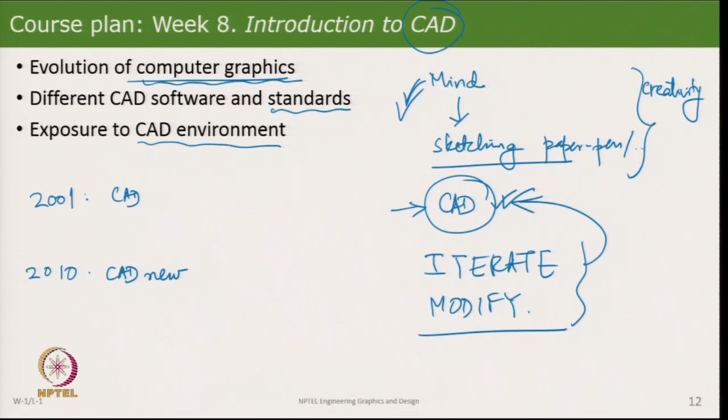Can I use this package to read this? And maybe in 2022, we could have an entirely new package coming up, but your original drawing was still in 2001 CAD. Well, how do I use it?